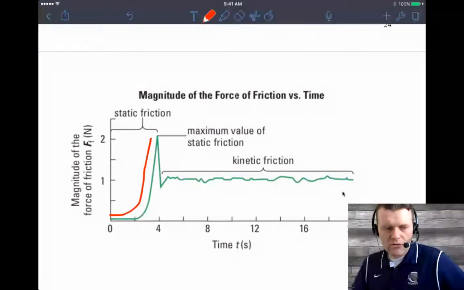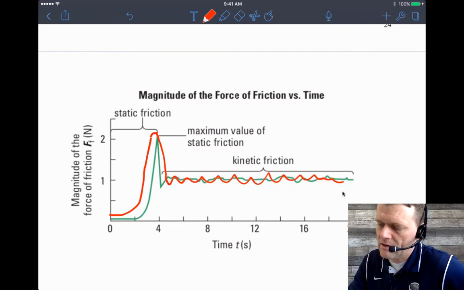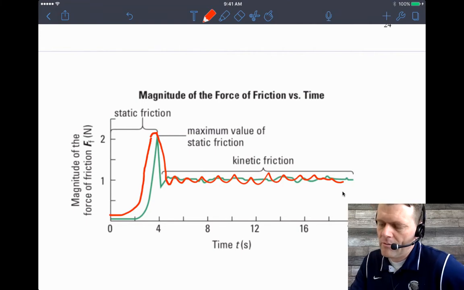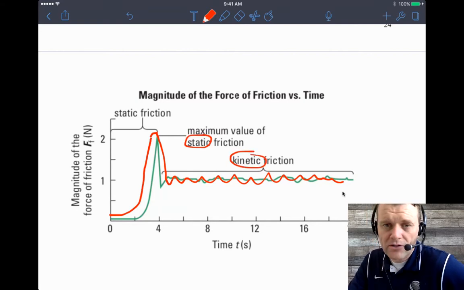And just like my phone on the book there, as soon as we get to a maximum amount, then we break, I call it, we break static friction, and then you drop to a lower value. Then you can see it's a little bit bumpy and it goes up and down because of the variability of the surfaces. But collectively, the overall amount of kinetic friction is much less than the maximum static.